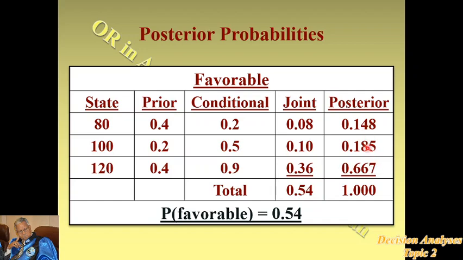The total of the posterior probabilities must equal 1.